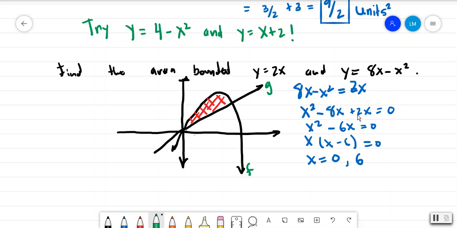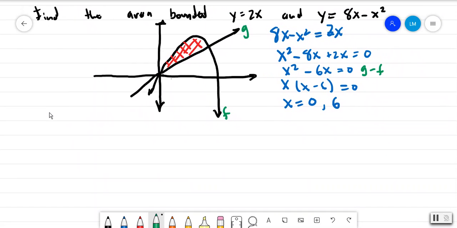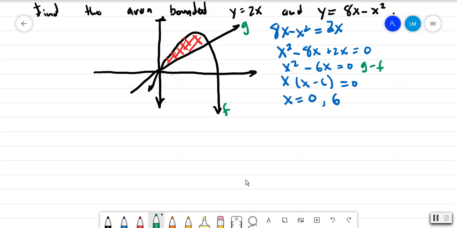So right here where you see g minus f, you can basically just flip it. That'll be a little easier when you do the simplification, if anything.